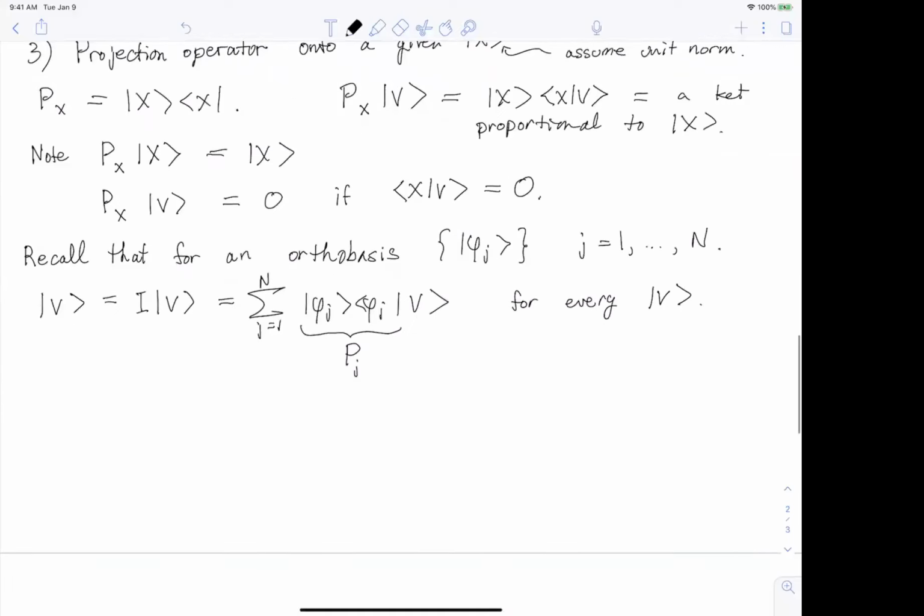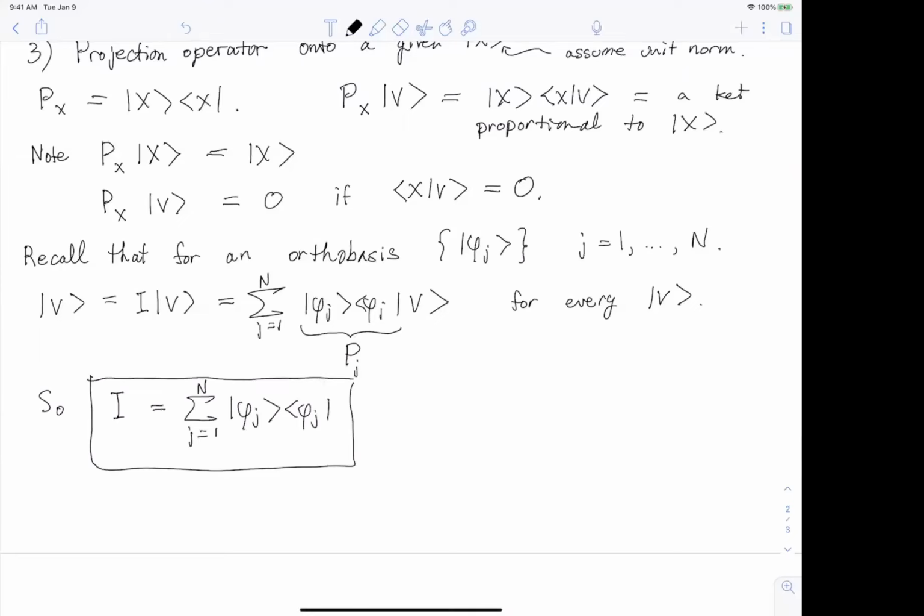And so now by comparing the equal signs, what we learn is that we can write the identity operator as the sum from j equals 1 to n of |phi_j><phi_j|. So this is an extremely useful thing. This is known as the completeness relation.